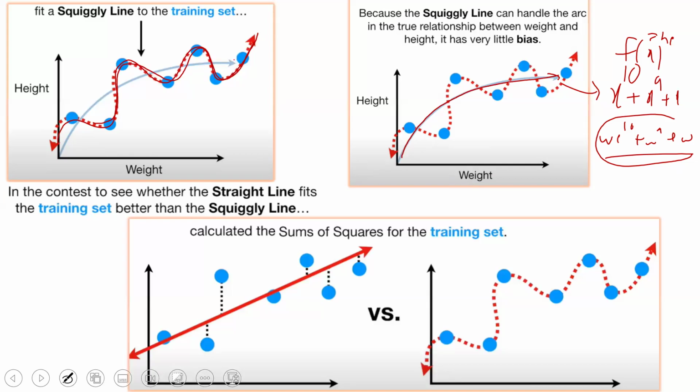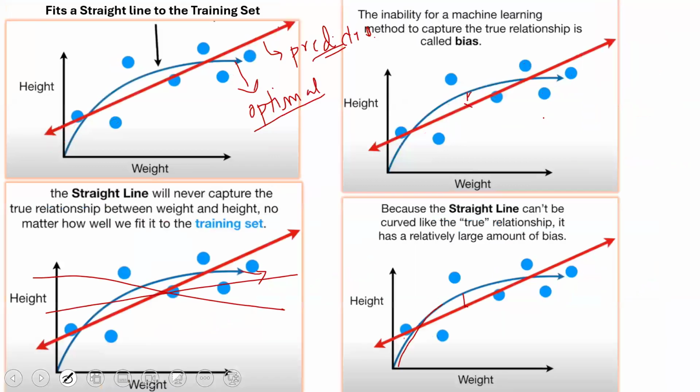This is better when compared to the straight line, and this is an ideal case. This curve is an ideal case. No other curve can better represent this data. This is the best curve that represents the data. This particular curve is said to have bias 0. Now compared to this, you will understand, right?